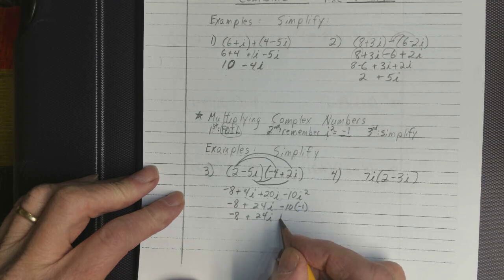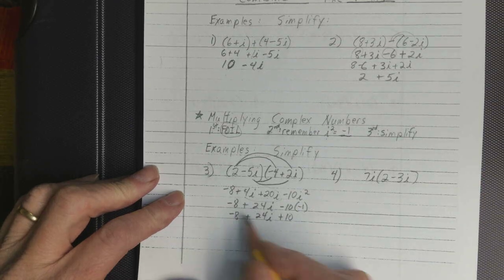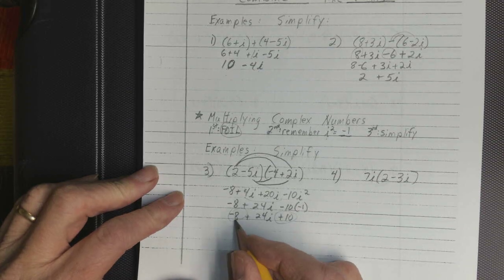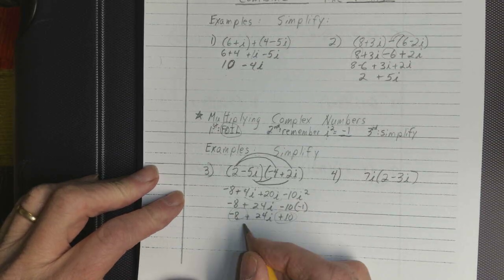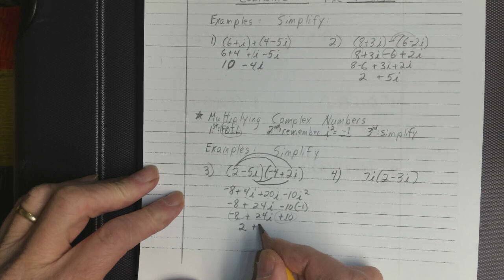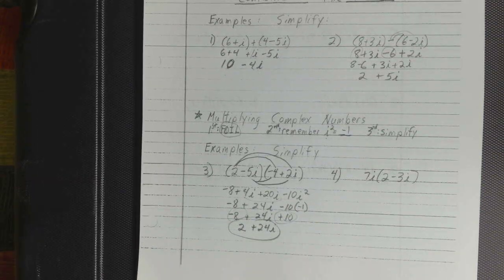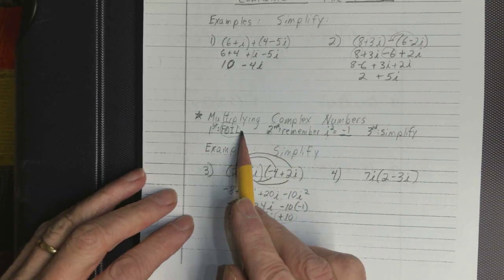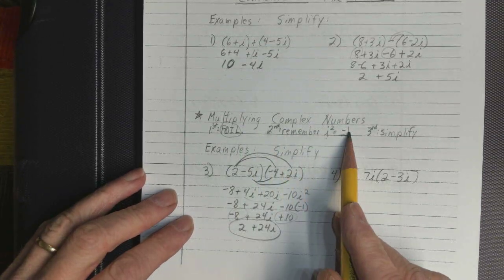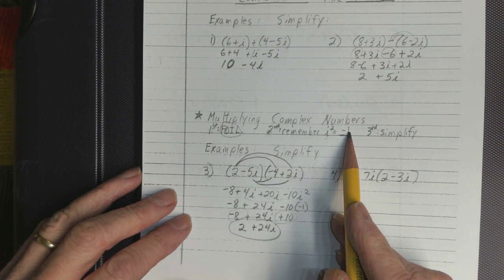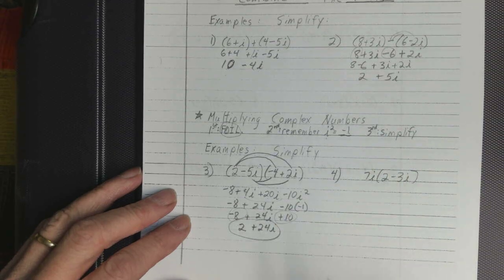Negative 10 times negative 1 is positive 10. Negative 8 and positive 10. We're going to put the real part first. Negative 8 and positive 10 is 2. So 2 plus 24i is our answer when we multiply. FOIL, replace i squared with negative 1, and then simplify after that.